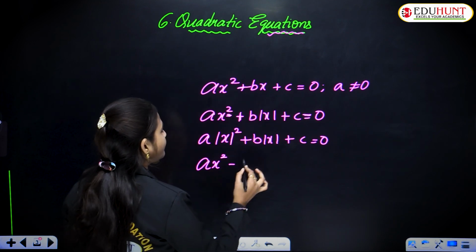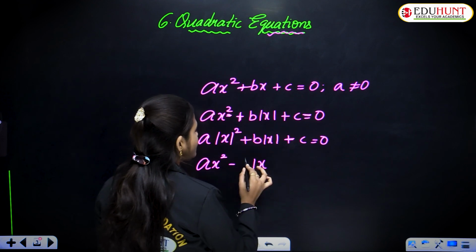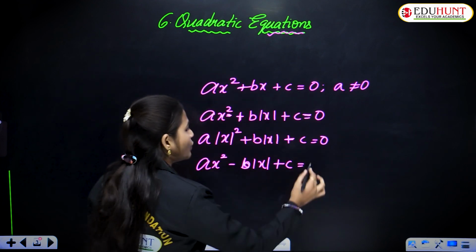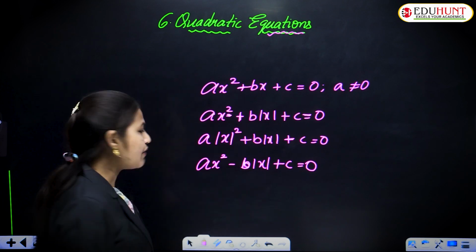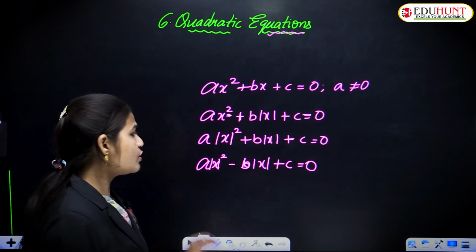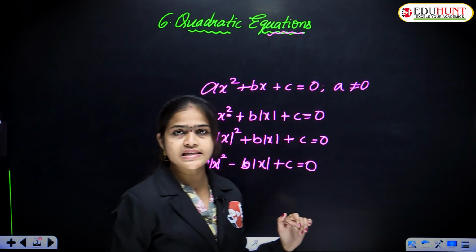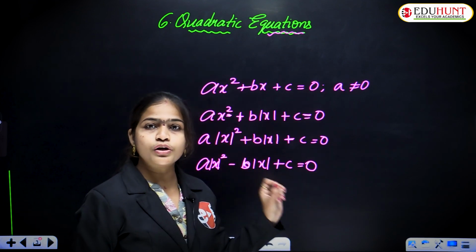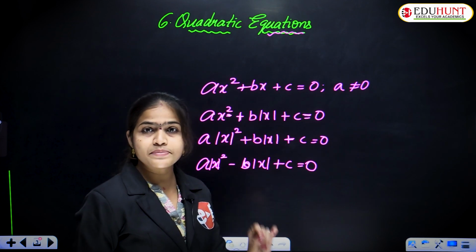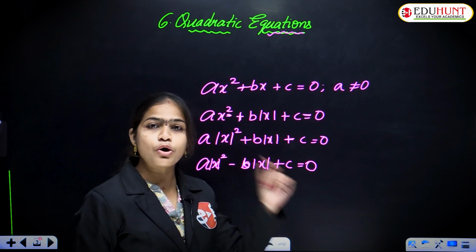ax square minus b modulus of x plus c is equal to 0. This is also a quadratic equation. Why? Because again we can write this as modulus of x whole square. Now do you have any idea about modulus x? Mod of x means the absolute value of x, and absolute value is always positive.